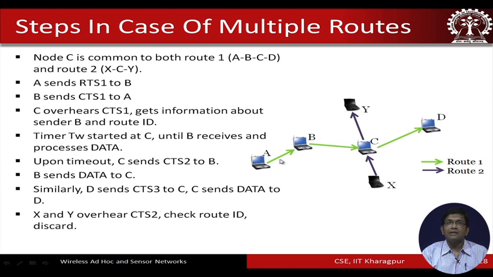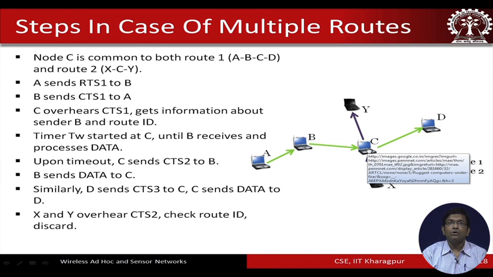So two different, overlapping routes in this particular network. Node C is common to both route 1, that means A, B, C, D, and route 2, X, C, Y.